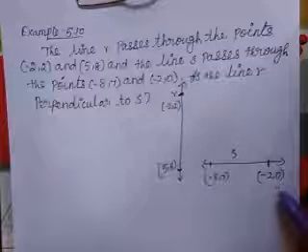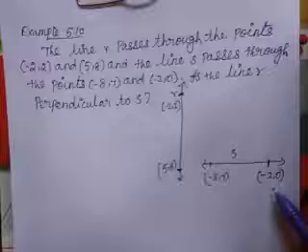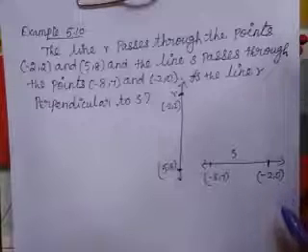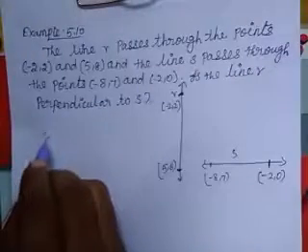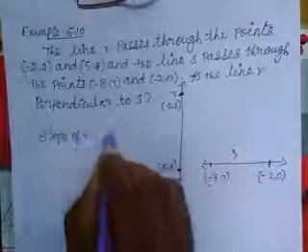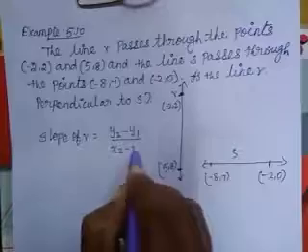So, we want to find the slopes. If the multiplication of the slopes is equal to minus 1, it means the given lines are perpendicular, otherwise not. So, we want to find the slope of the first line R. Slope of R is equal to y2 minus y1 by x2 minus x1.